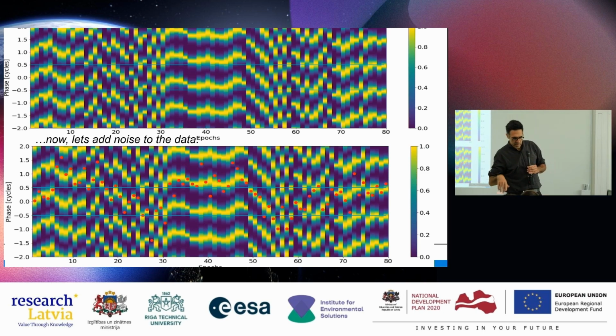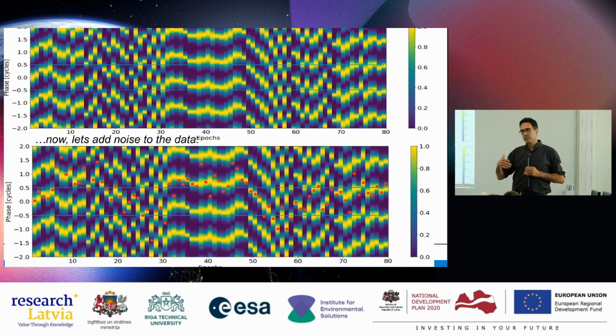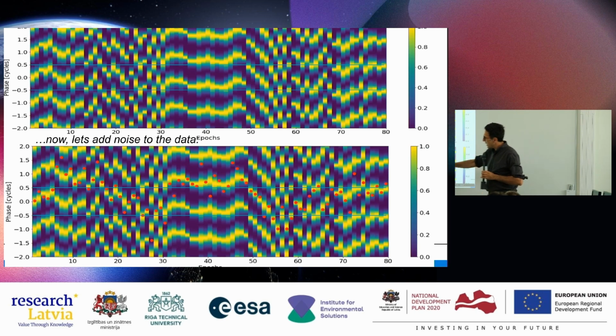So if you tell me that you have a Gaussian PDF with the peak at 10 centimeters per year and a standard deviation of 1 centimeter per year, I can simulate 100 observations in that distribution, and most of them will be in the peak, but there will be some outliers once in a while. If you have a Gaussian, 5% of your observations will be more than 2 sigma to the left or to the right. Now here I have 80 observations, so with 5% to the left or to the right, there will be several which will be actually quite far off.